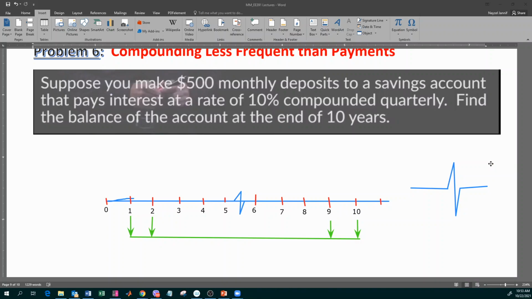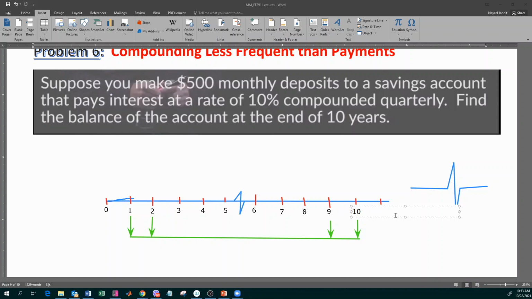And you're making monthly, oh, I made a mistake, monthly deposits to a savings account, find the balance of the account in 10 years. Oh, this is where the mistake is, guys. So 10 years is how many months? Can somebody tell me?